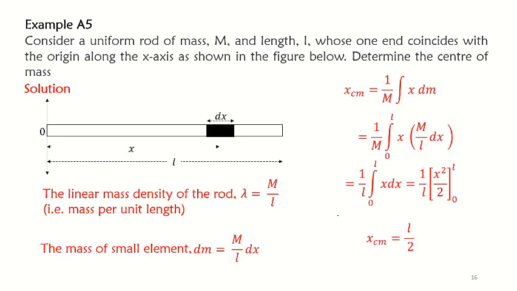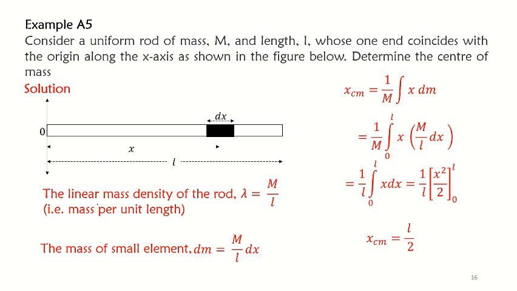The length of the rod is marked as L. Since it's just a one-dimensional object, the breadth is far smaller than the length, so it's assumed to be a one-dimensional object. The breadth is very small compared to the length.